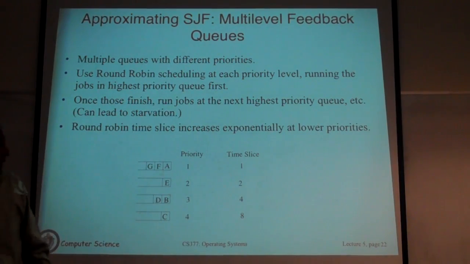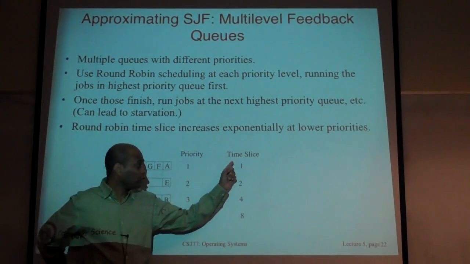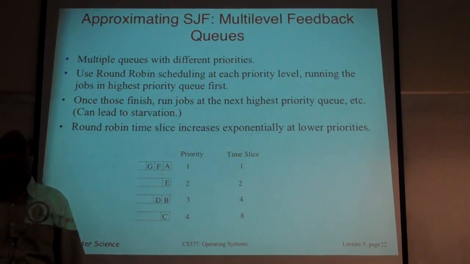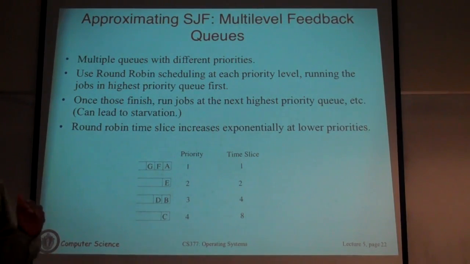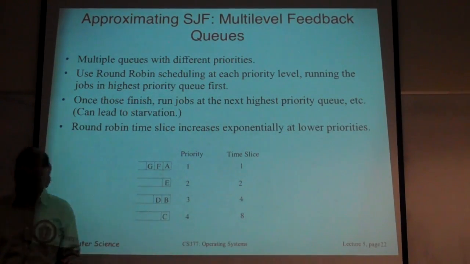Second thing, as was just mentioned, is this notion of time slice. If you look at it, you will see that each of these queues has a different time slice associated. In particular, as the priority level drops, the length of the time slice, in this case, doubles. It could increase in any exponential way.